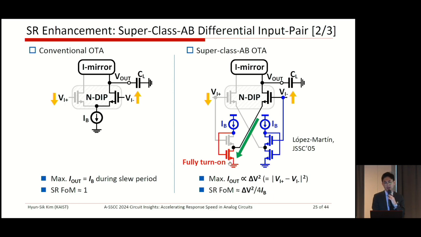The differential pair's source voltage can be tied directly to ground, so we can increase the current further without the limitation of IB. The maximum drivable output current is proportional to delta V squared rather than the fixed tail current IB. In this case we can also maximize the slew rate figure of merit without the constraint of the IB current.